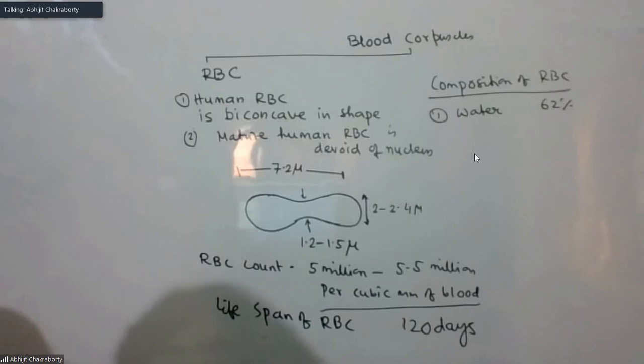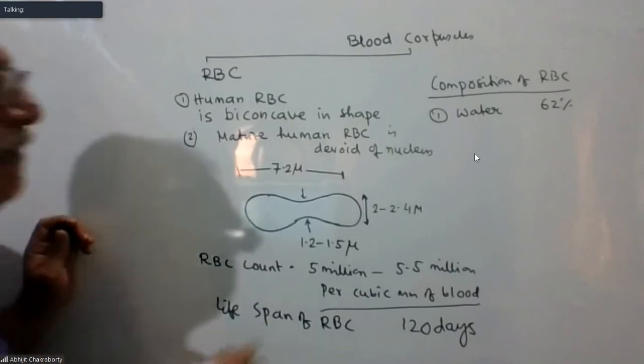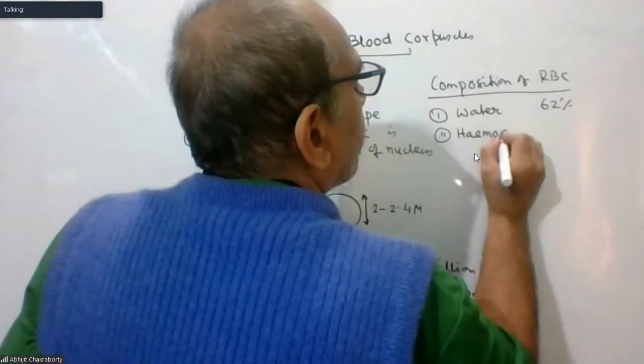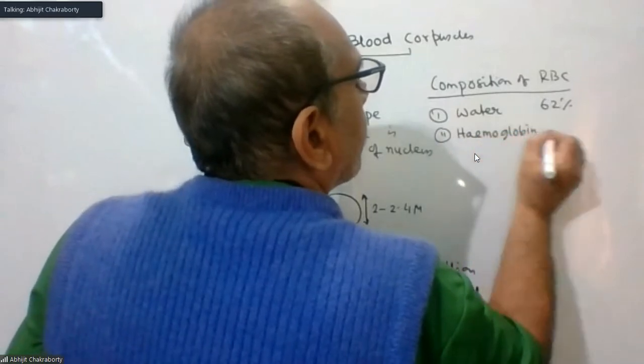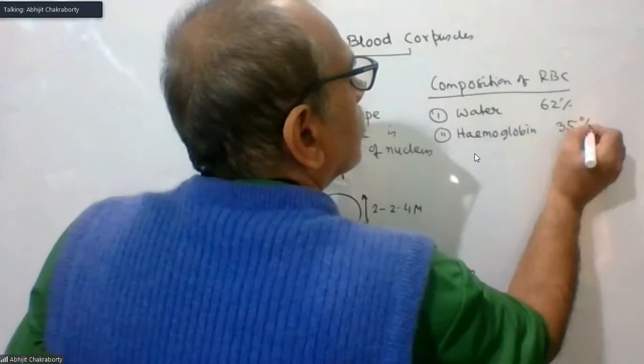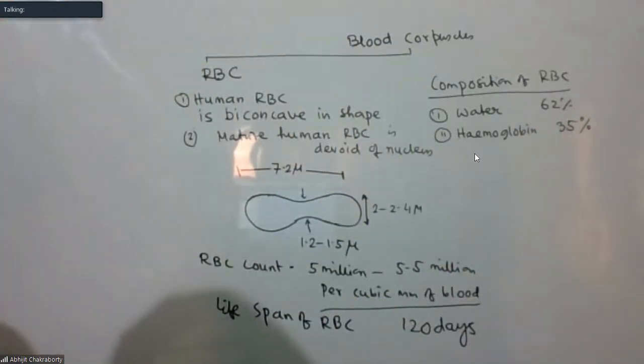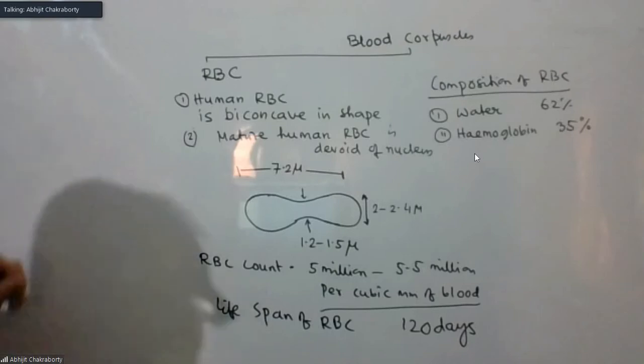Then you will get the hemoglobin, almost 35%. Then you will get the sugar, lipids, enzymes, some proteins.